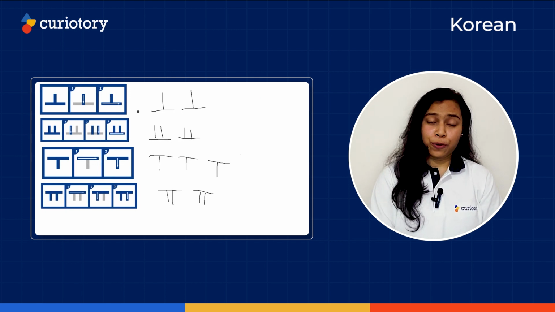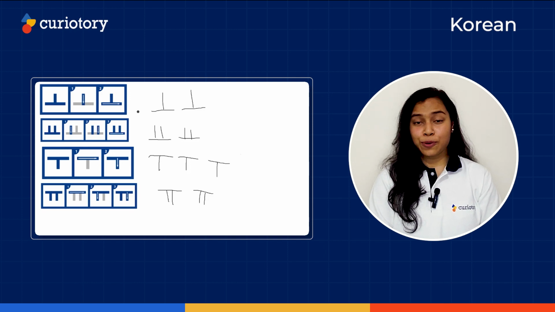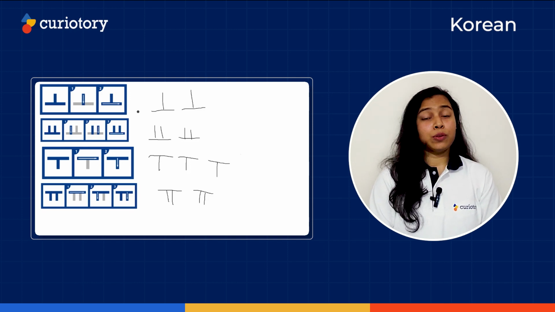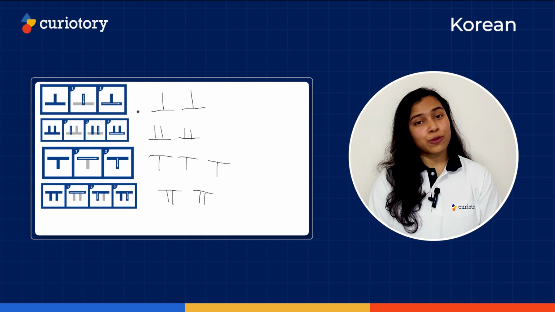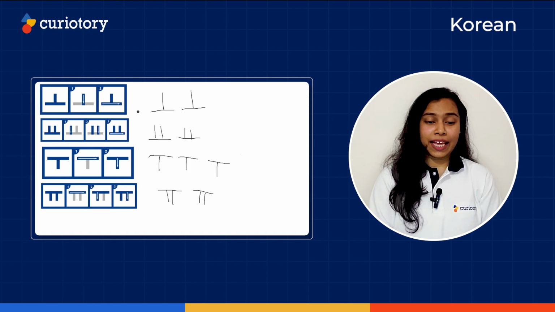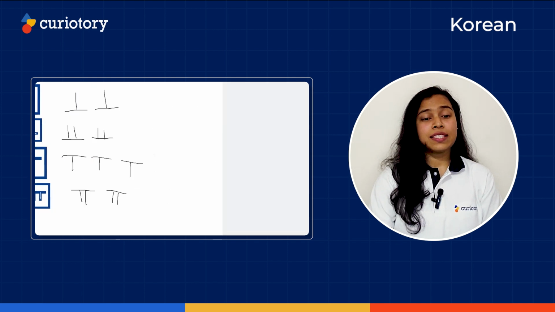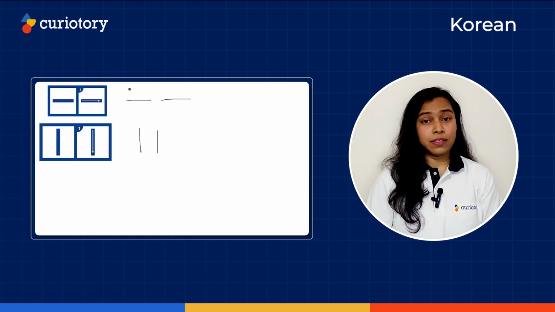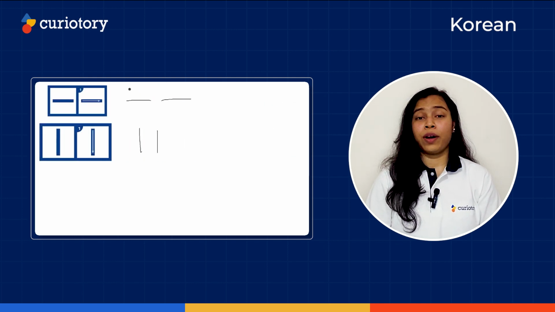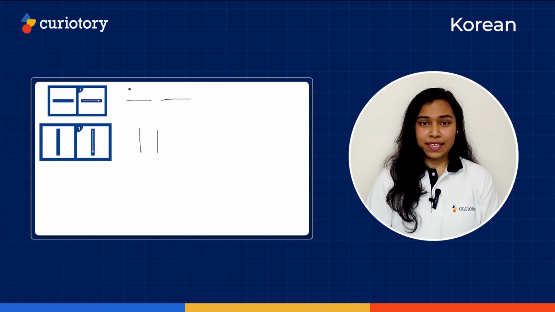Next we have Yo, which has 3 stroke order. Then we have U, which has 2 stroke order. And then we have You, which has 3 stroke order. Our second last is U, which just has 1 stroke order. And the last one is E, which has 1 stroke order.